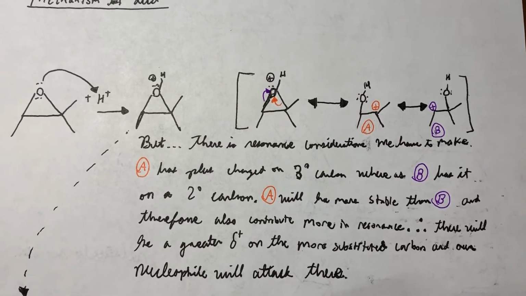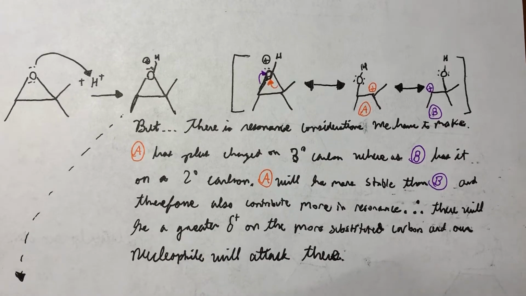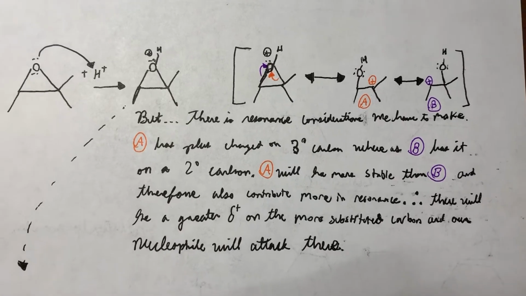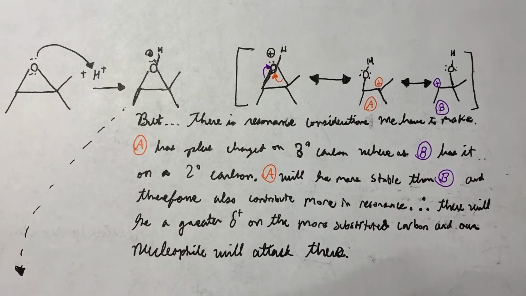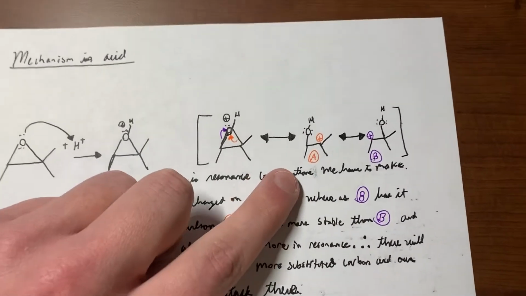And so it's not what you would initially think. Initially, you would think that it would attack the less sterically hindered carbon.